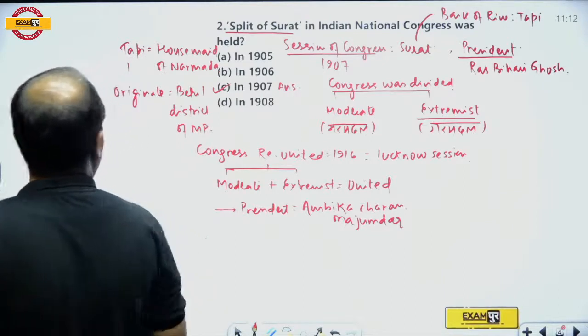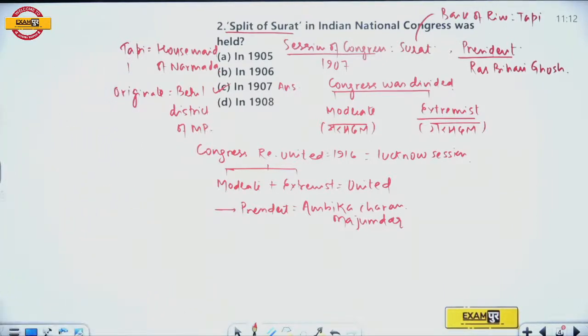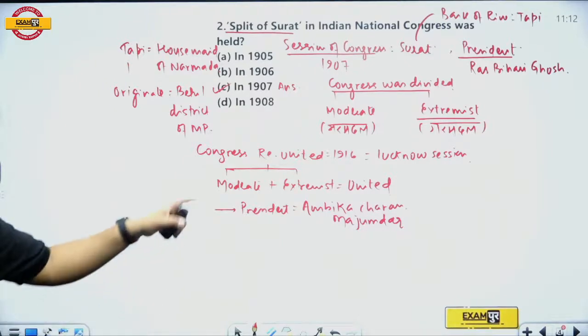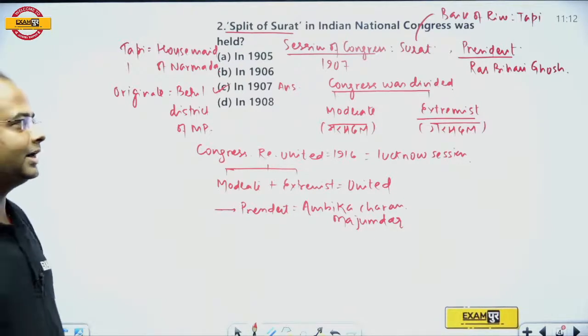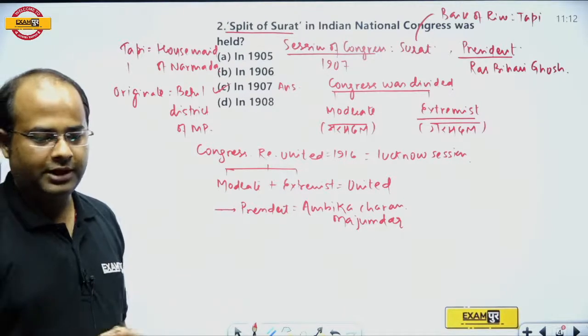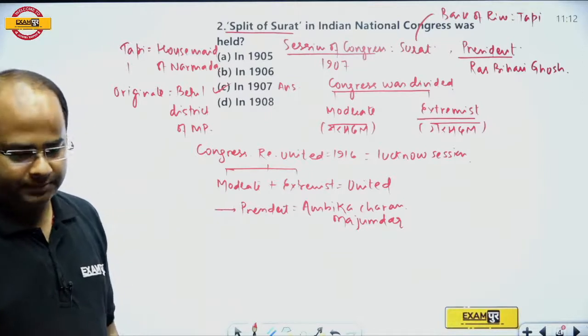Surat is also called Diamond City. Therefore, guys, the correct answer will be 1907, Surat session of the Indian National Congress. Congress was divided into moderates and extremists.